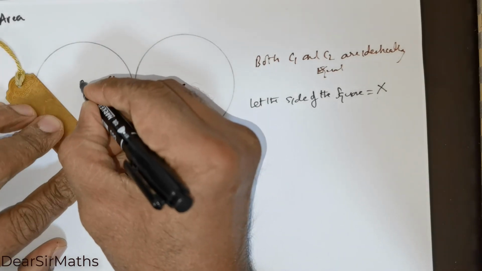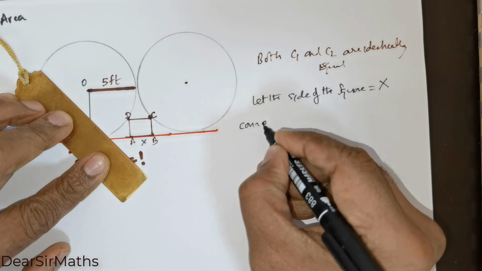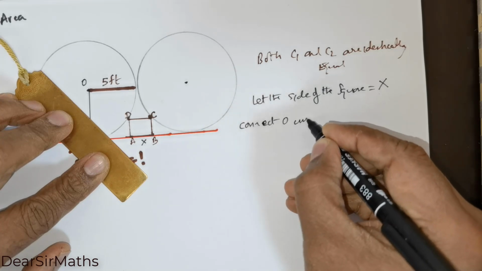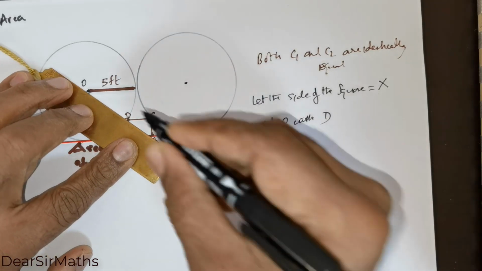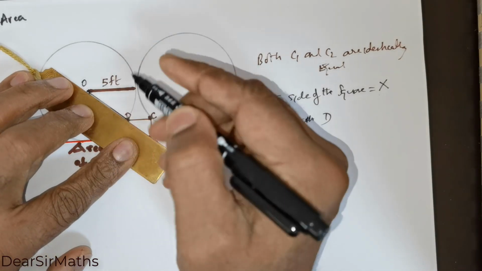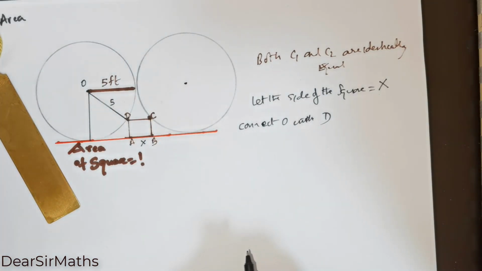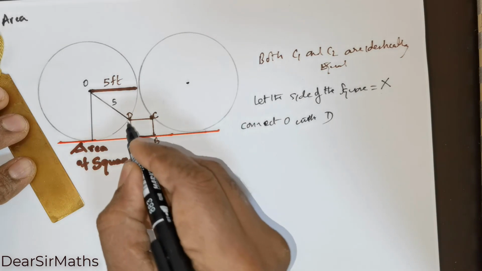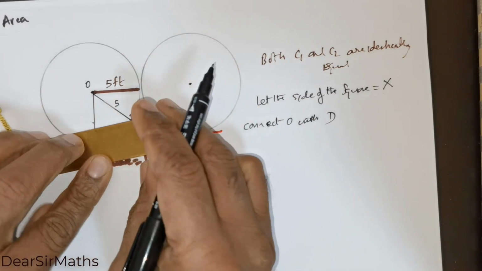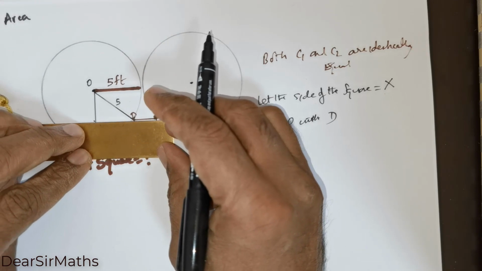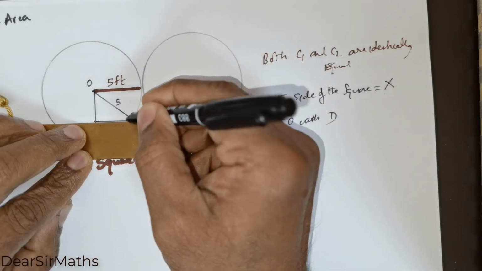Now I will also connect. Let me take this as O. Now we will connect O with D, and that is going to be 5 units. And then I will take a point P and connect D with P. A lot of connections.